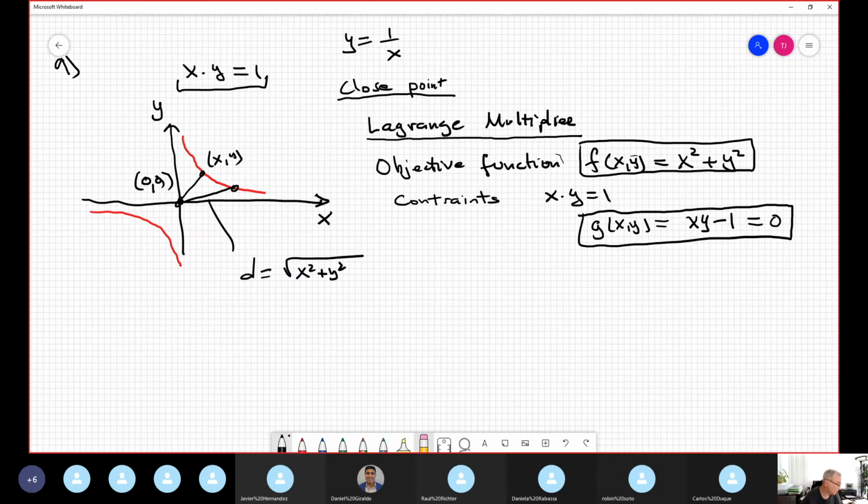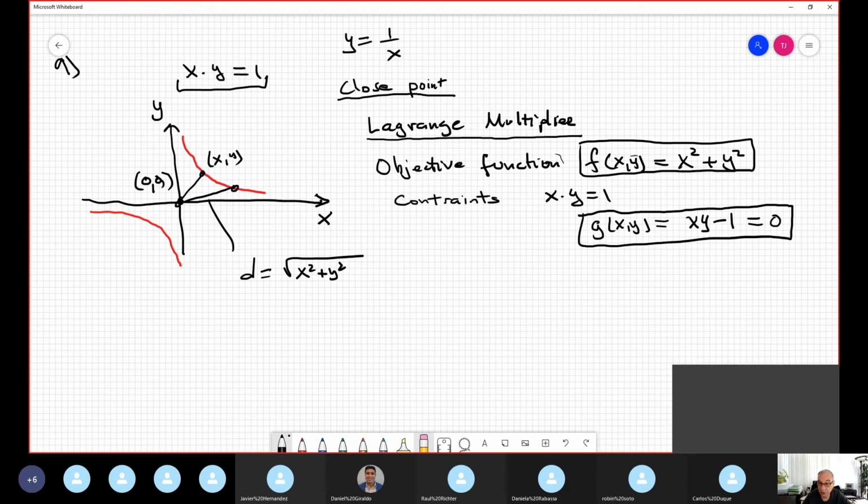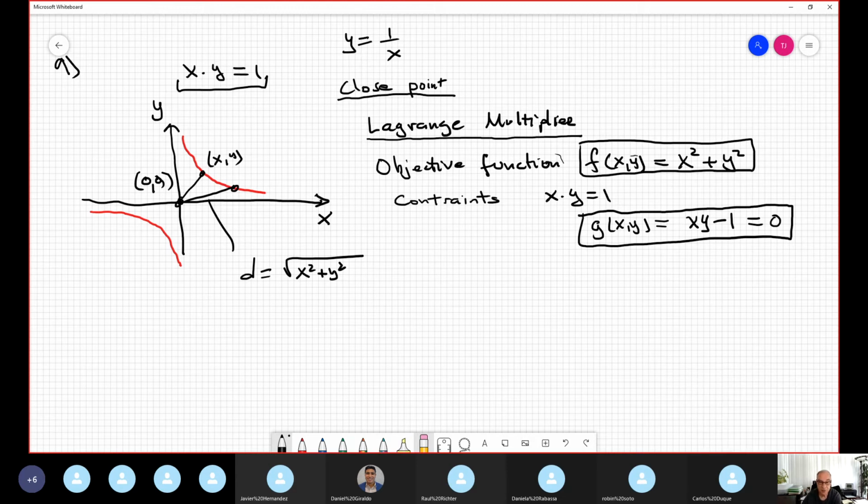Super. Entonces Lagrange multiplier says, well, okay. If you want to determine the, wait, what happened with the square root? Okay, the problem talks about the closest point, and the closest point is the distance, and the distance of course contains a square root. However, I am smart. I know that if I introduce the square root in the objective function, it's more complicated to compute the gradient, the partial derivative with respect to x and the partial derivative with respect to y.